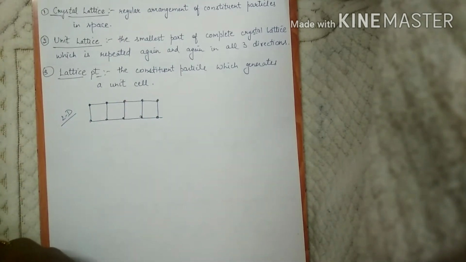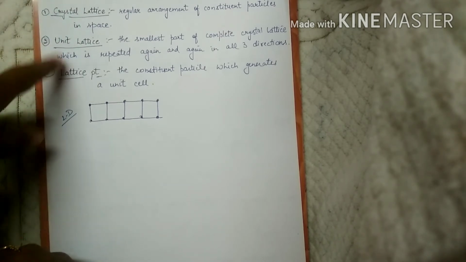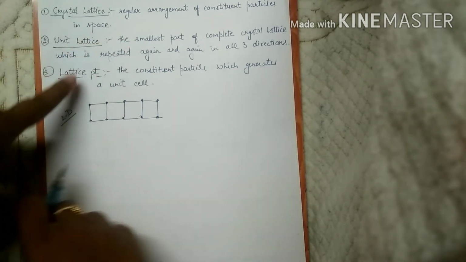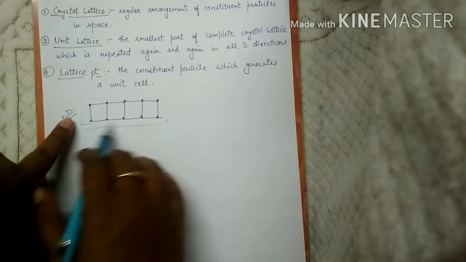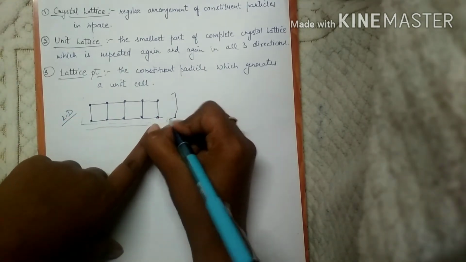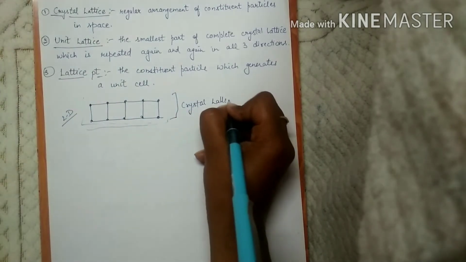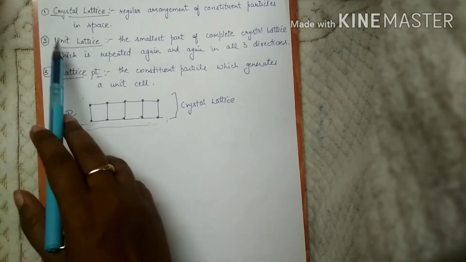So here I want to define the crystal lattice, the unit cell and the lattice point. So crystal lattice is the regular arrangement of constituent particles in space. So this as a whole is your crystal lattice in two dimensions.